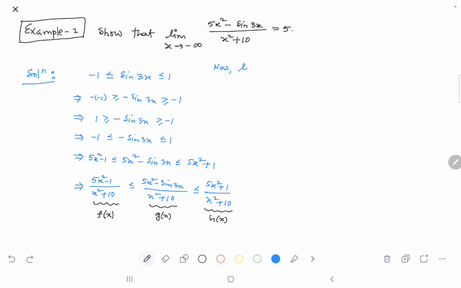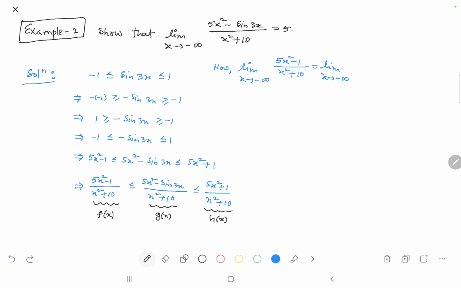Okay, sure. So now calculate the limit as x tends to minus infinity. Why did I take this? Because in the question they asked for minus infinity, right? Yeah. Okay, so this is 5x square minus 1 divided by x square plus 10, as x tends to minus infinity.